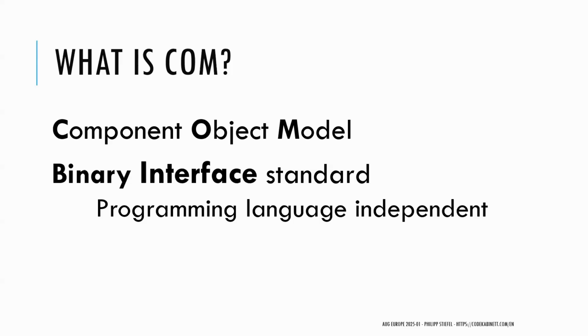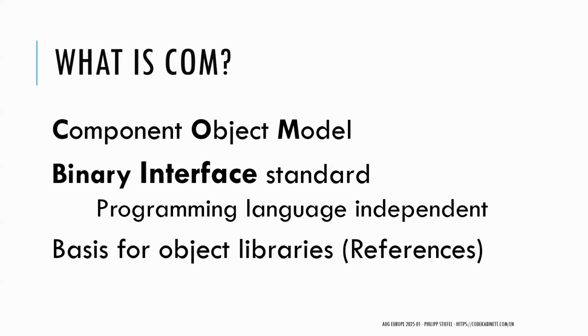You need to compile the stuff to DLL and EXE, so VBA cannot be used to create COM add-ins. And another important bit of COM in general is it is the basis for the object libraries we use in Access and VBA development.